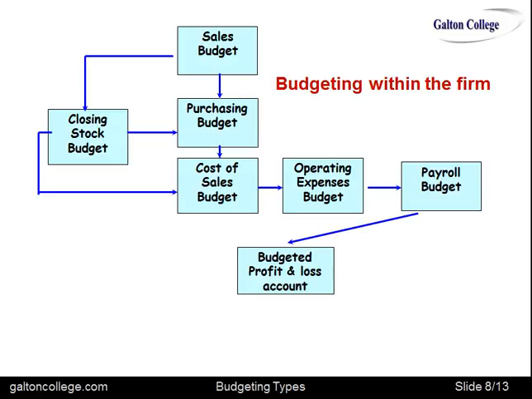We have the likely sales budget, and we have the components of the cost side, the cost side being payroll, operating expenses, and the cost of sales. So if we subtract one from the other, we would get a budgeted profit and loss account.